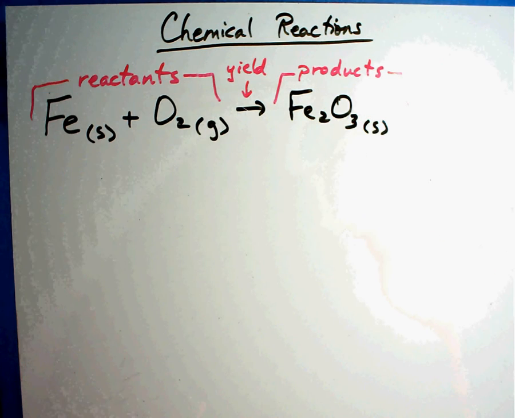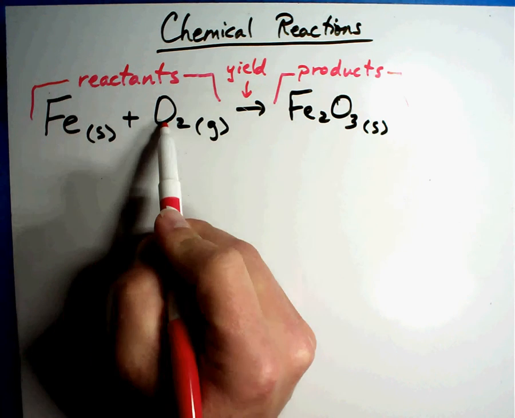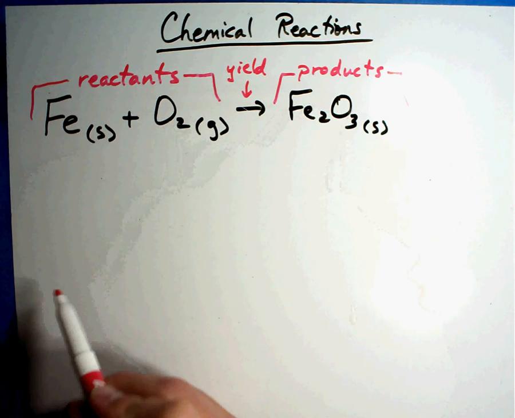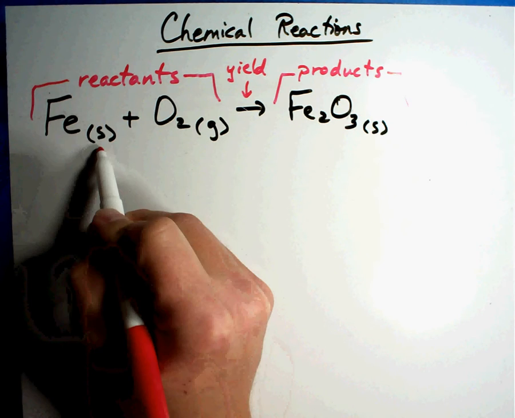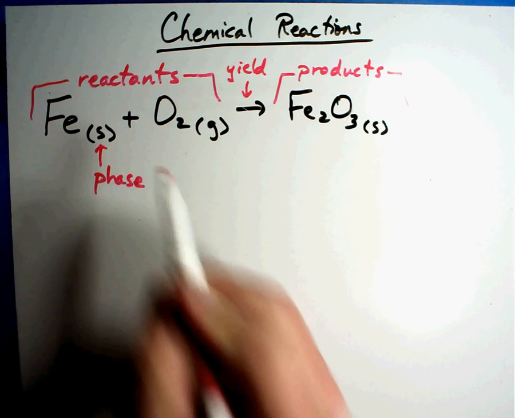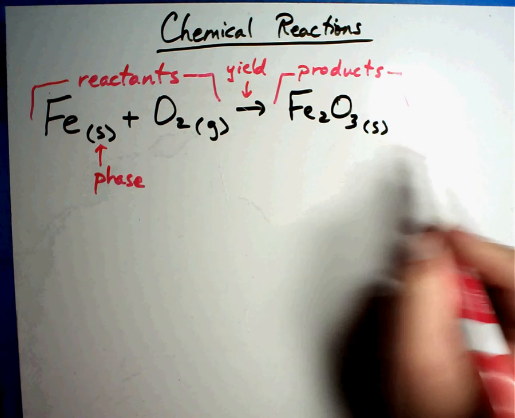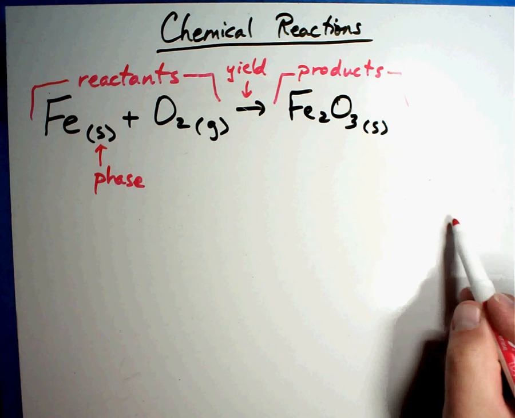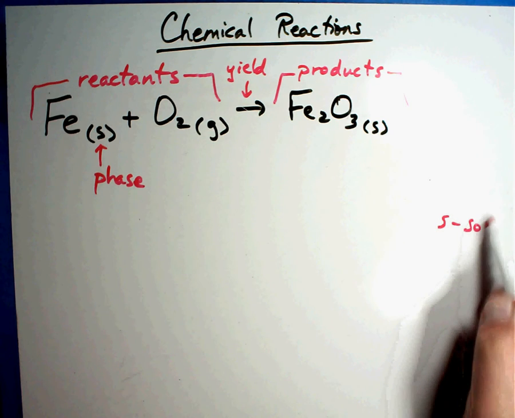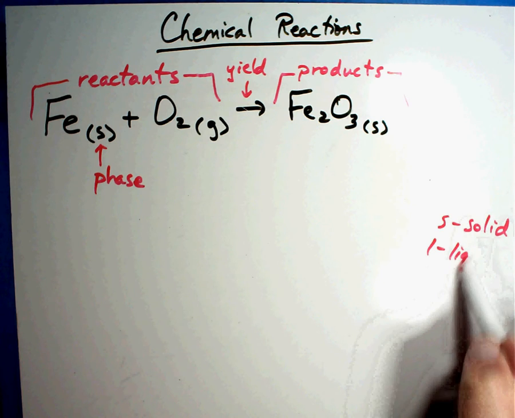Now inside a reaction, there's all kinds of things that can be written down. We've already learned these are the symbols of the elements, so we won't label those. But the little S's and G's, these are called the phase. Just go ahead and write these down. S is solid. L is liquid.